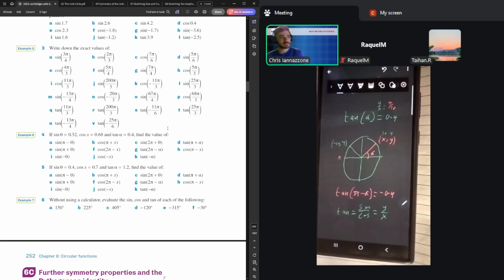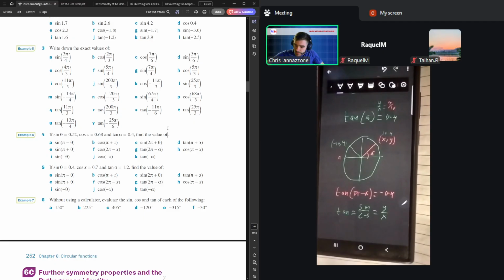Literally every symmetry property that we use will use this approach of drawing the reference angle, seeing where we end up, and then making some conclusions based on what's happened to the x and the y. So as long as you're good at thinking about tan as gradient, effectively rise over run, y over x, then you're just doing one final conclusion off of that. You look at the x and the y, and then from there you can calculate your tan.